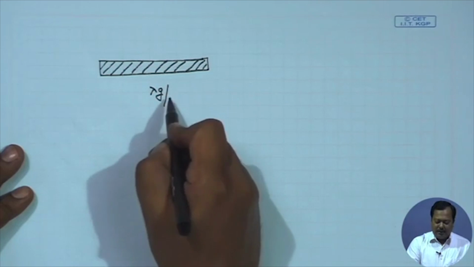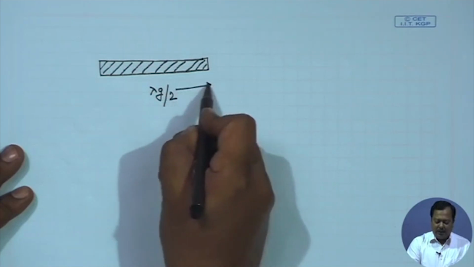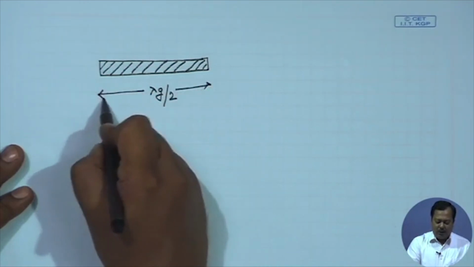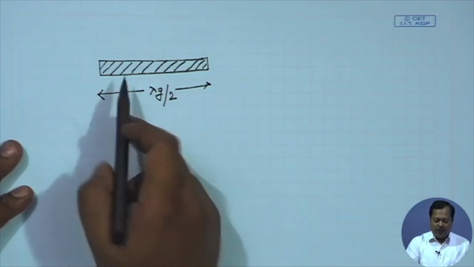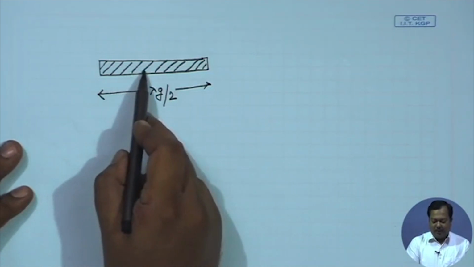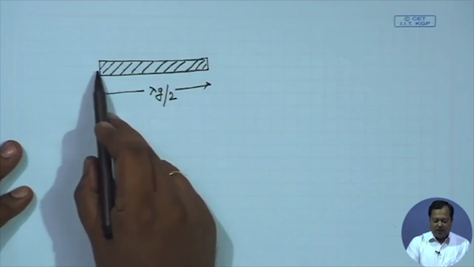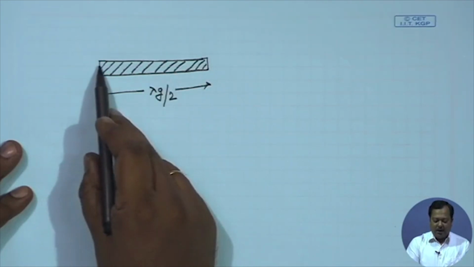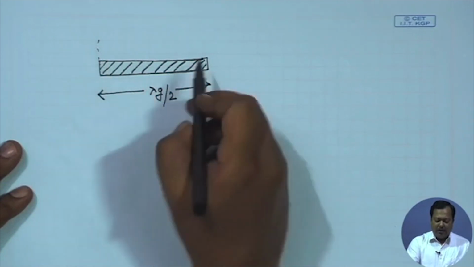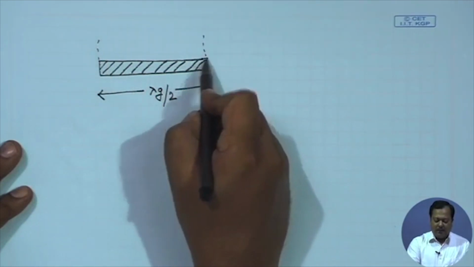When its length is lambda g by 2, it will resonate. Now looking at the microstrip line, both ends are open circuited, so we will have high electric field at this plane and the right hand side plane.